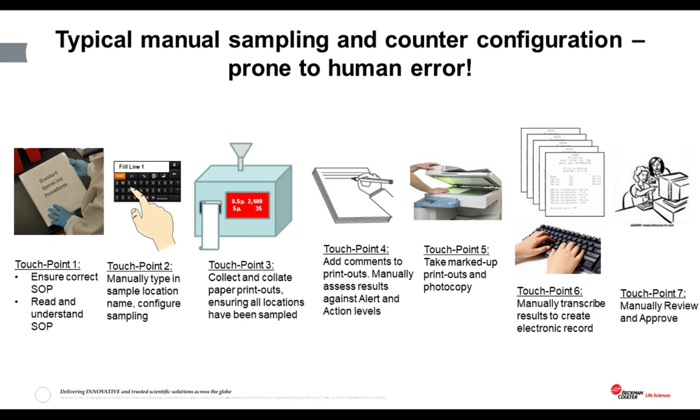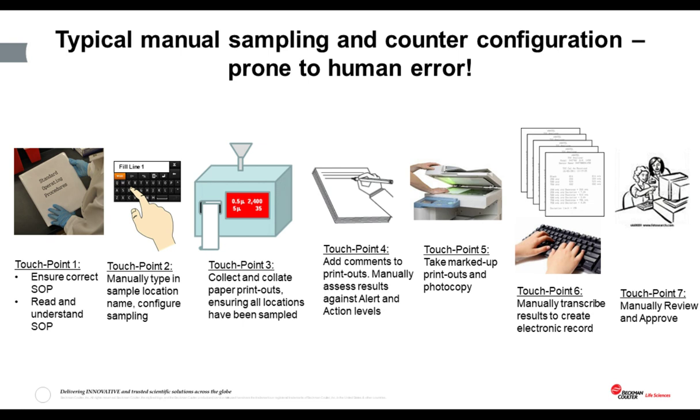Now, routine environmental monitoring is arguably one of the most manual and complex processes that we have to do. It involves the collection of thousands of samples each month using portable air particle counters. And typically there are many manual SOP steps to follow in the routine environmental monitoring program. First, of course, the technician has to make sure they're using the correct version of the paper SOP.